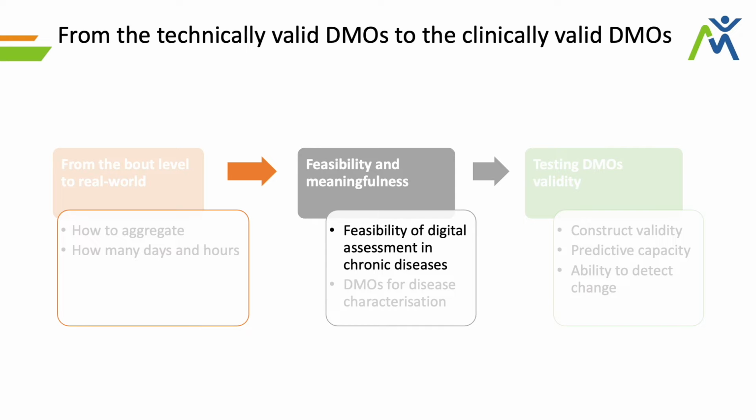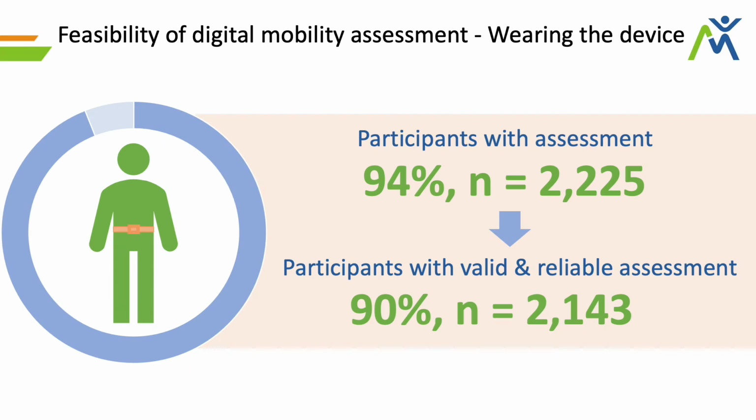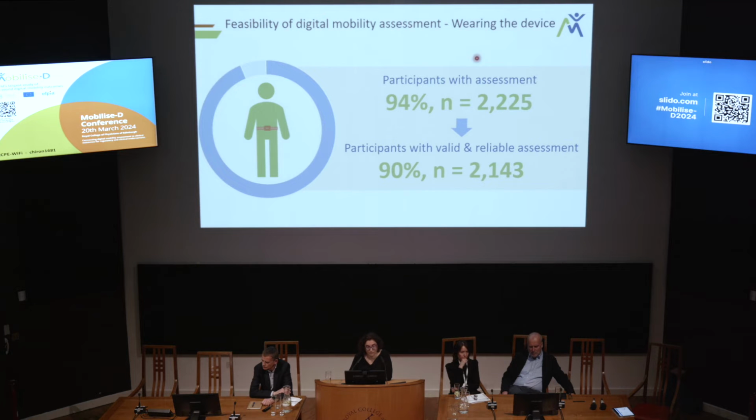And here we have very good news, I think. In the clinical validation study, of all the patients we included, 94% wore the device, 94%. And 90% of all the sample wore the device the minimum time required, so had valid and reliable assessment.